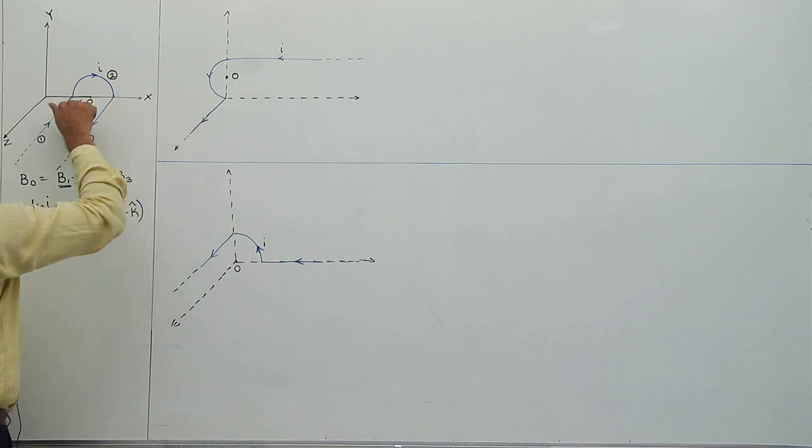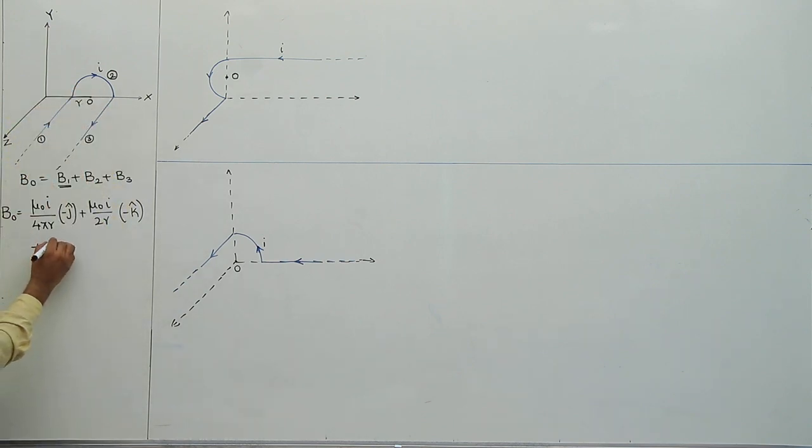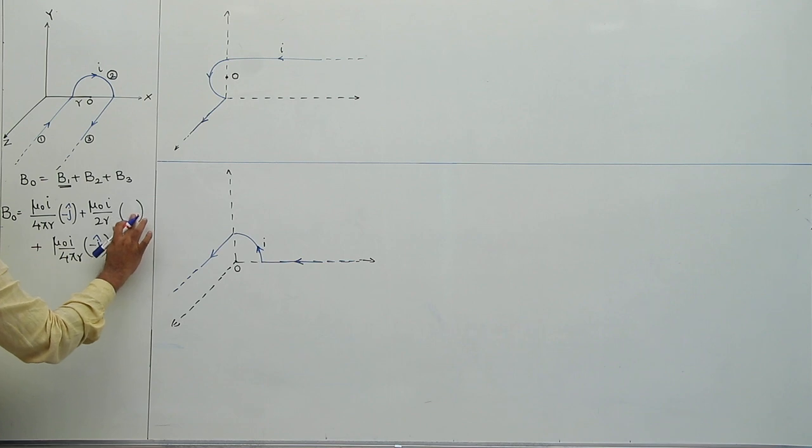Due to this, here the field is downwards, here also the field is downwards, which is given by mu naught I by 4 pi r minus j cap only. You can see the vector form, this is minus j cap here. This is also minus j cap. But this is a minus k cap.